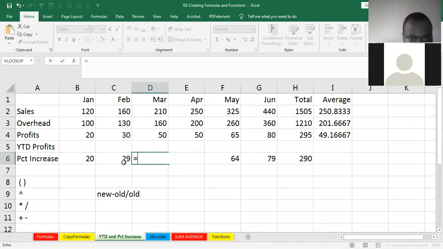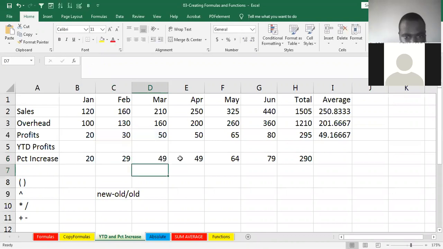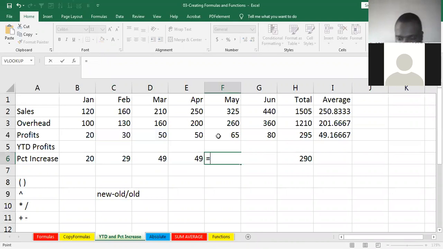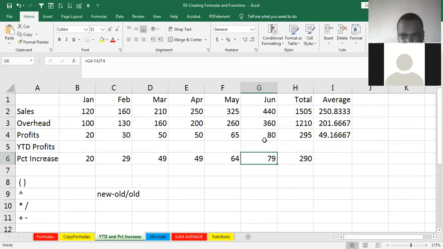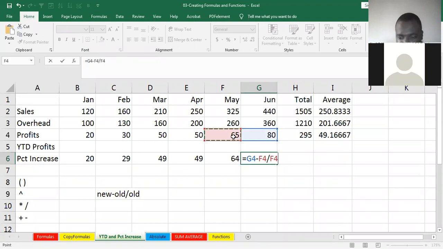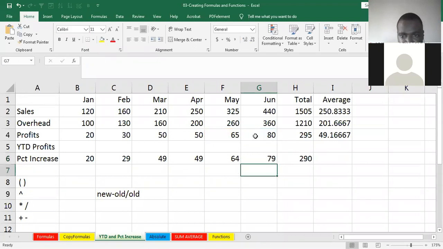It is equal to this minus this over this. The same thing: this minus this over this. Okay, it's correct. So that is how to calculate percent increase.